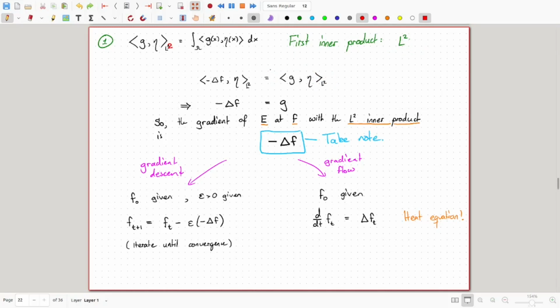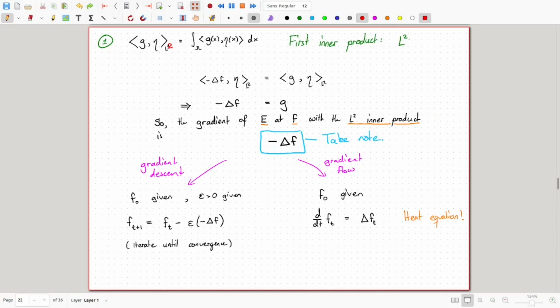Just by looking at this, it's plain to see that G is equal to negative Laplace F. If you just place that in here, the left and right hand side are identical. So there you go. The gradient of our Dirichlet energy E at the point F with the L2 inner product is negative Laplace F.